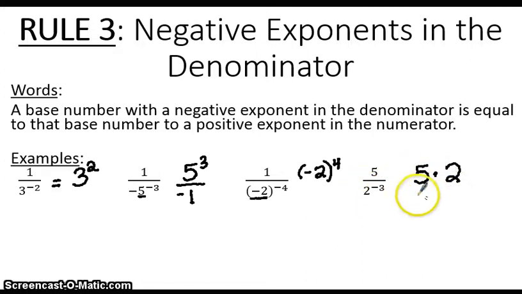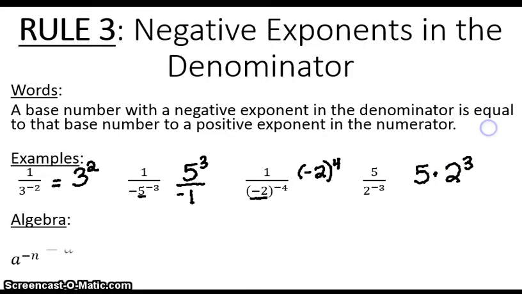We moved the base number from the denominator to the numerator, and in the process we are changing the exponent from negative to positive. So this is the same as 5 times 2 to the 3rd power. Algebraically, the rule is if you have 1 over a to the negative n, some base number to a negative power, it becomes that same base number to a positive power when we move it to the numerator.